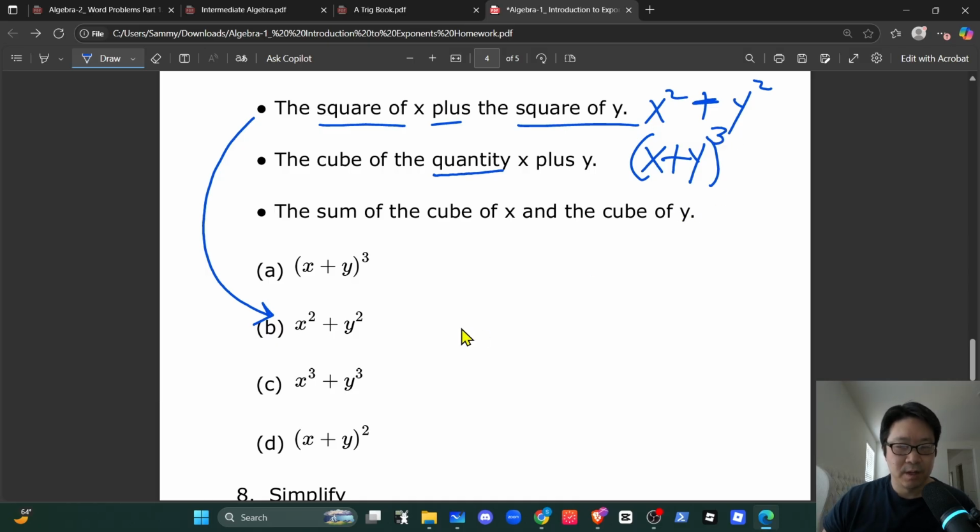So x plus y cubed, and that is going to be A. For the third one, it says the sum of the cube of x and the cube of y. Sum, so again, it's going to be an addition problem, and it's going to involve the cube of x and the cube of y. So x to the third plus y to the third. And that's going to be C.